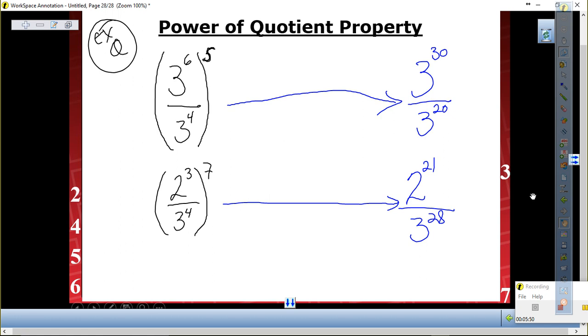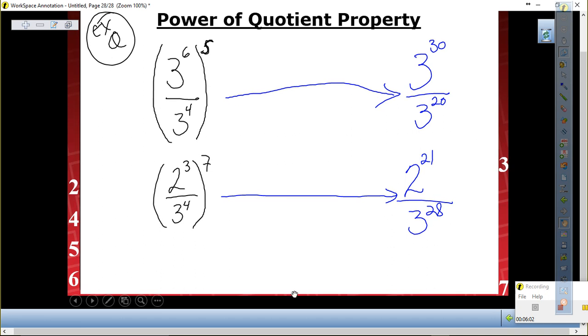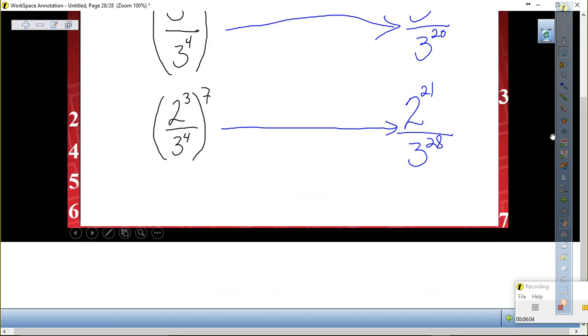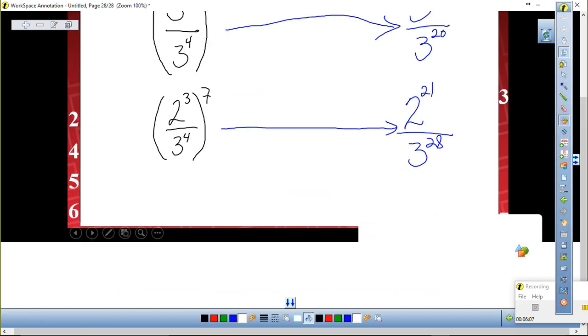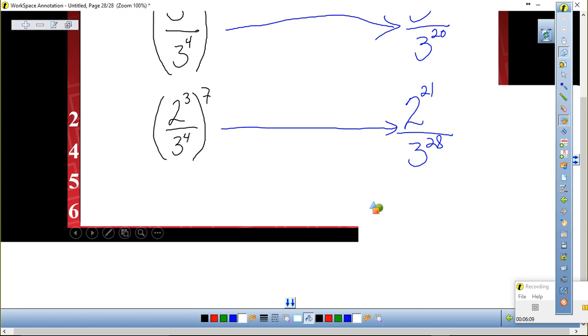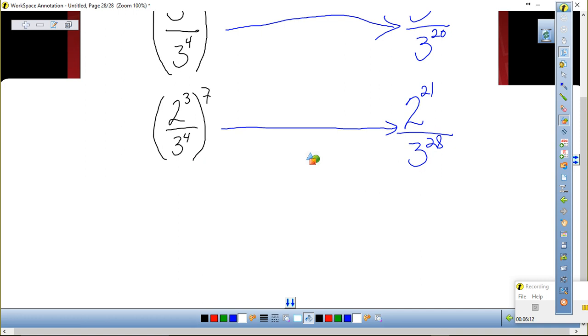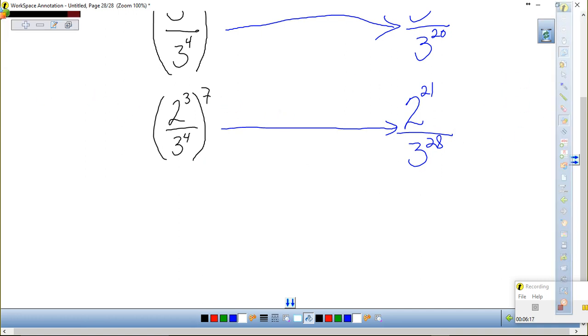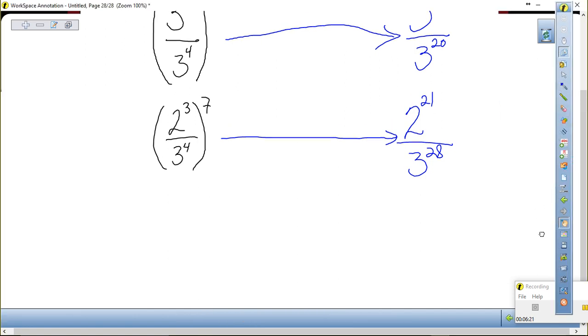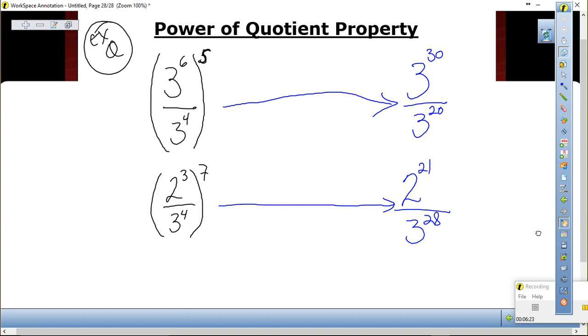Anyways, tell your neighbor now the definition that you would use for power of quotient property. Power of quotient property. All right.